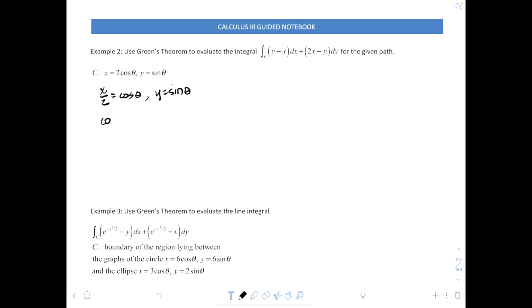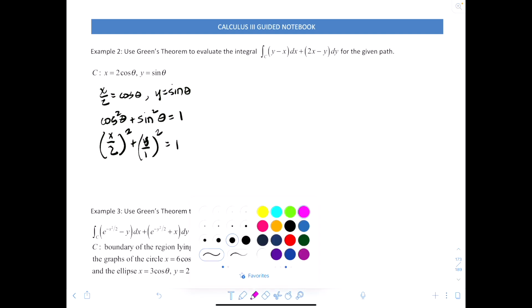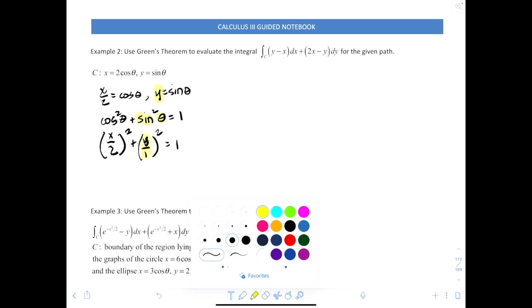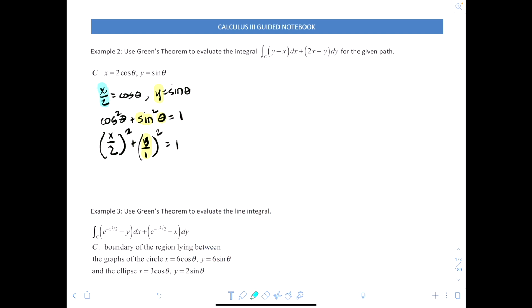But isn't cosine squared theta plus sine squared theta equal to 1? Good. So therefore, we would have (x over 2) squared plus (y over 1) squared equal to 1. And that's because y was sine theta, which is y over 1, and x over 2 was cosine theta, right?